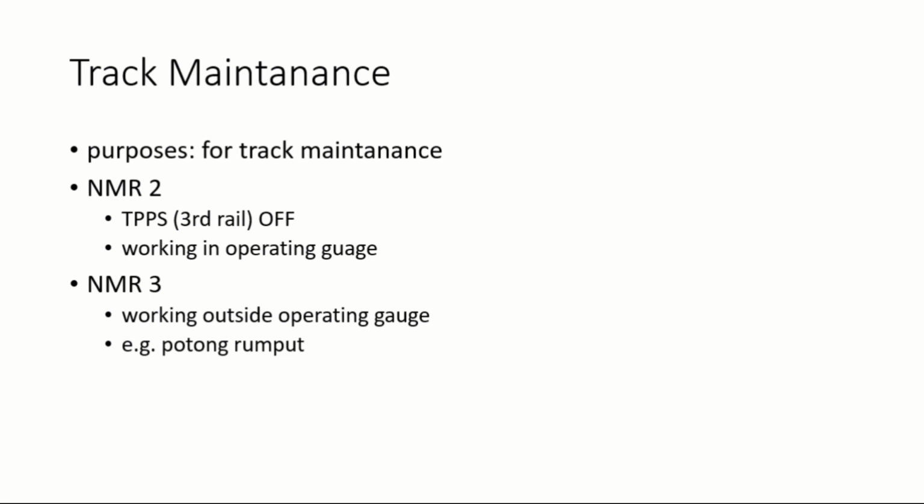So NMR2 means that the third rail is turned off, where the maintenance staff need to work in the operating gauge, and number 3 might be working for the outside operating gauge, for example macam orang potong rumput kan. So it depends on basically for this NMR basically is to ensure the safety of the rail personnel or railway staff lah. Okay.